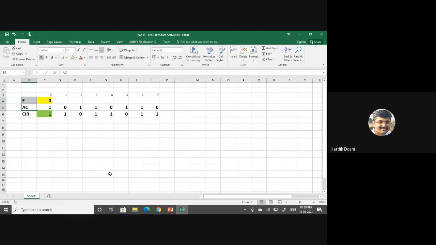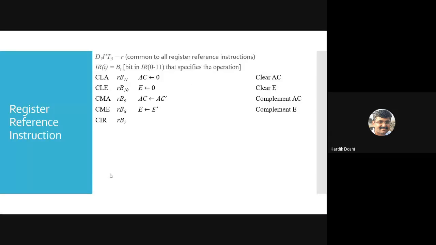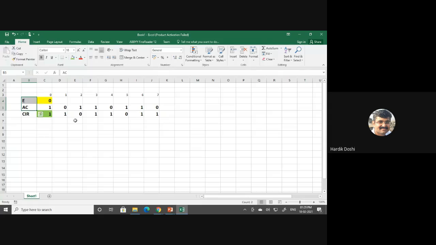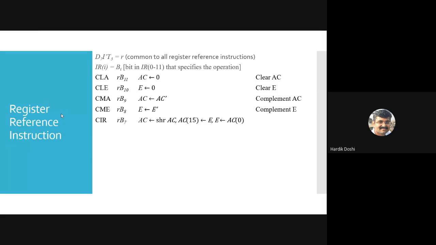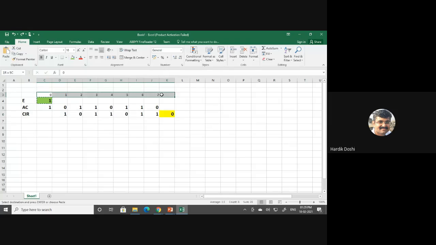Then let's understand the register transfer notation for CIR. Earlier I did shift right accumulator. But along with that, I shifted the content of the E flip-flop onto the AC's 15th bit. Okay, sorry, I had done the reverse process.